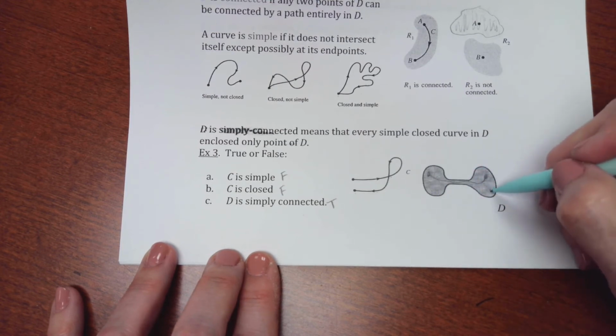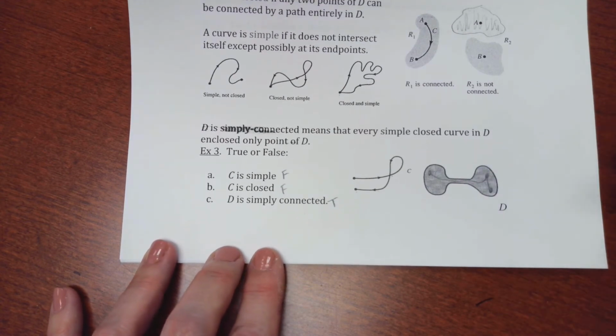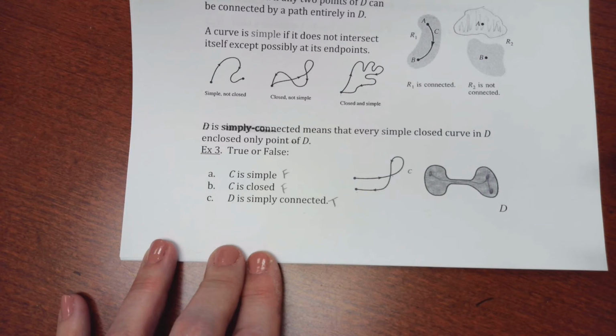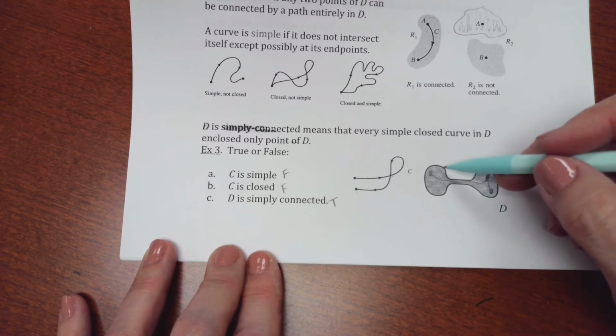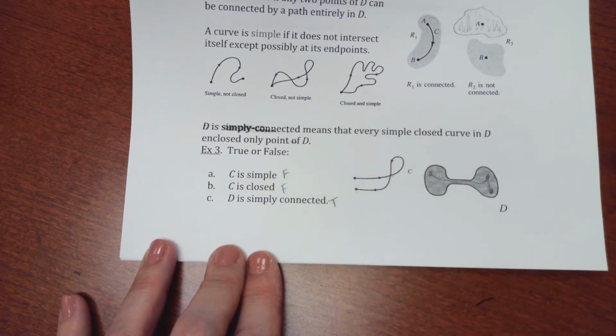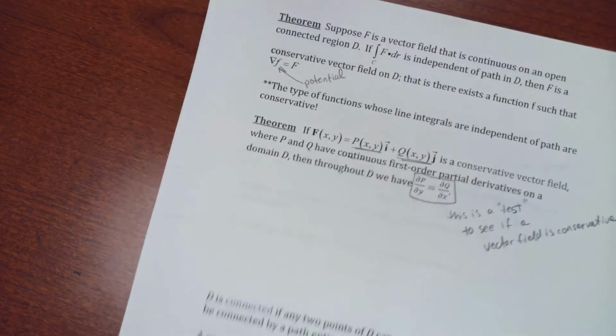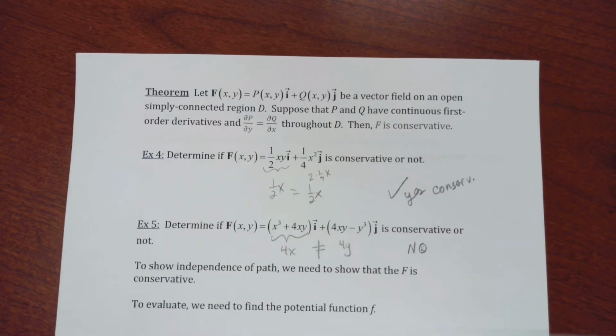I can go from here to here, whatever. Nothing's stopping me or cutting me off. So that means it's connected. Is it simple? Yes, because the outer bounds don't overlap and don't cut across itself. And it's closed as well. All right, so let's go back over to where we were here.